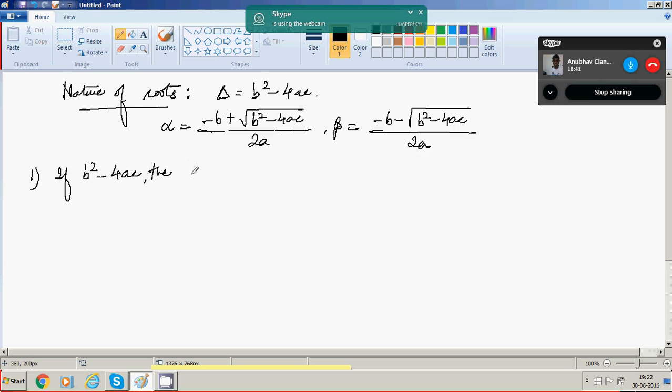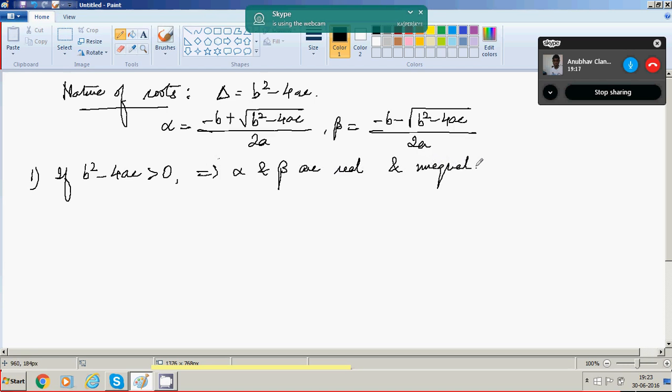If b squared minus 4ac is positive, the quantity implies alpha and beta are real and unequal.